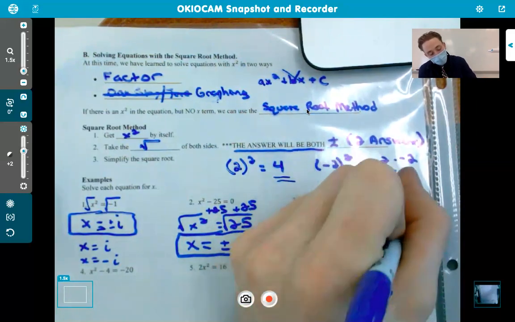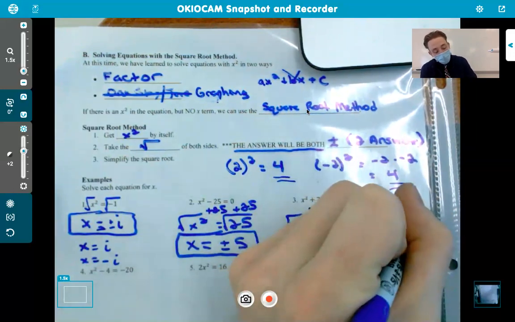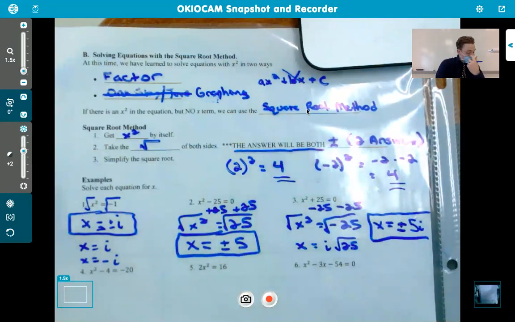I can write my answer as positive negative 5i. Right? Don't forget to include the positive negative. This simplifies, and I'm keeping the i in my answer. So make sure that if you do take the i out, you include it in your answer as well.